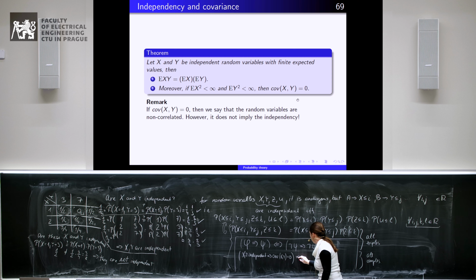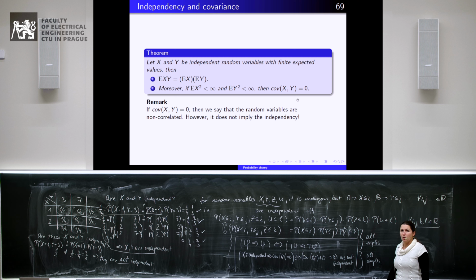So it means that when the covariance is not equal to 0, it implies that x and y are not independent. And so what does it mean?